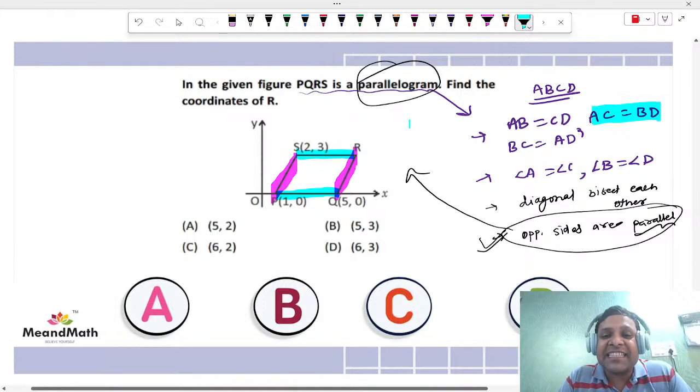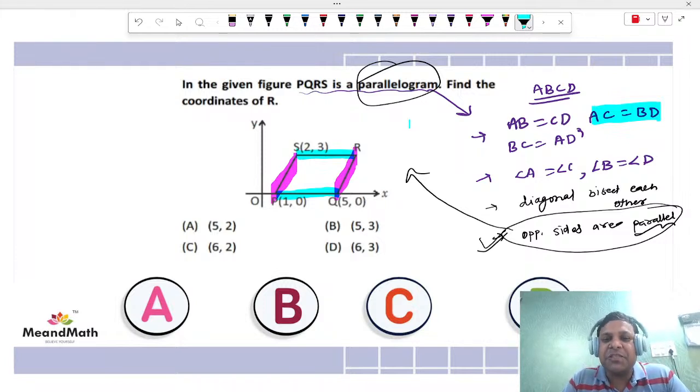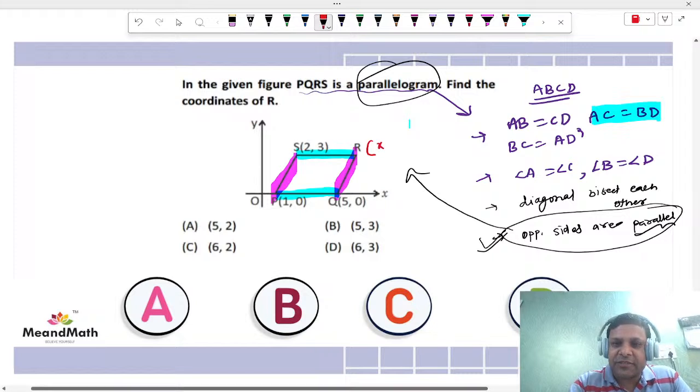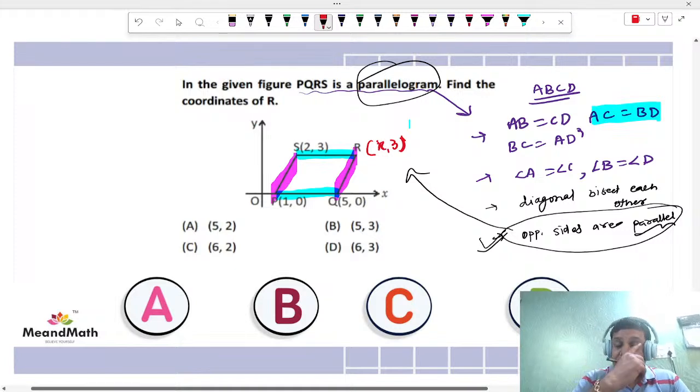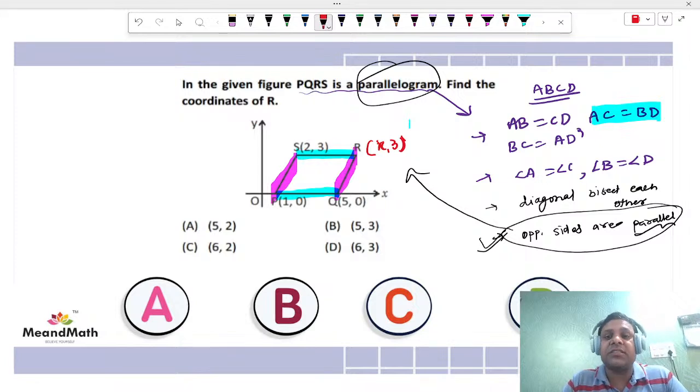And PQ is the x-axis. PQ is the x-axis. So SR is parallel to the x-axis. So definitely whatever point this is, its point should be (x, 3). What point should be here? (x, 3). Now check in the options which options have y coordinate 3.